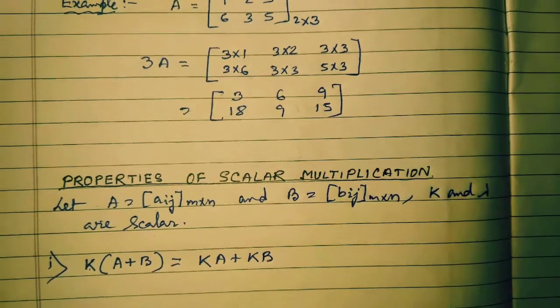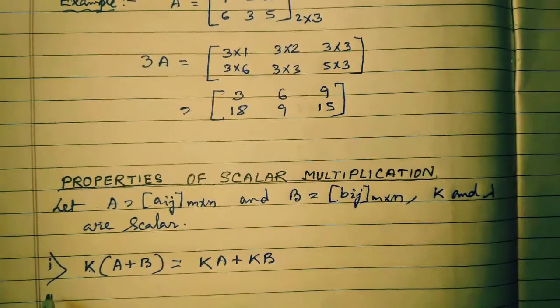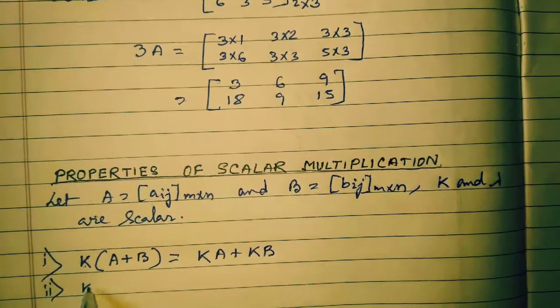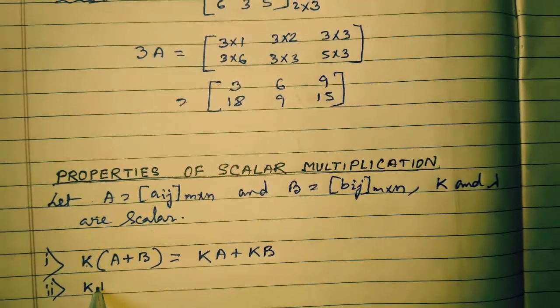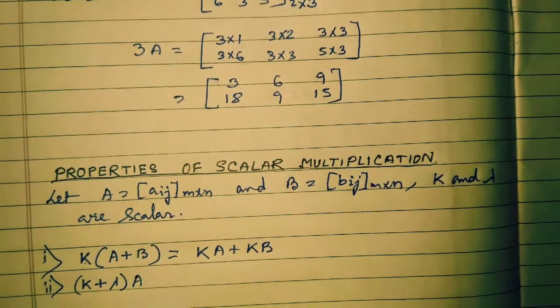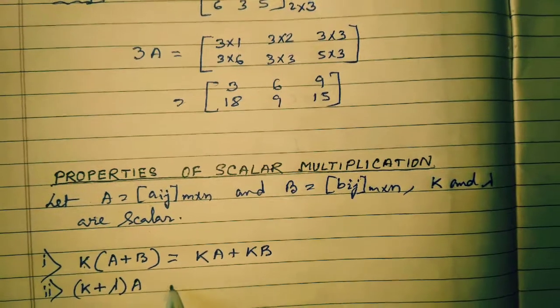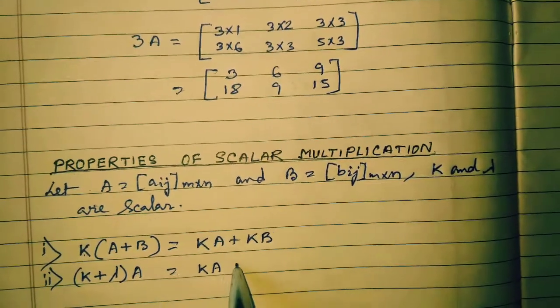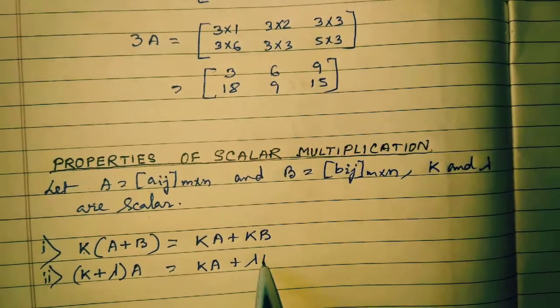The second property: if you multiply K plus lambda with A, that means you multiply K with A and lambda with A also, and add them.